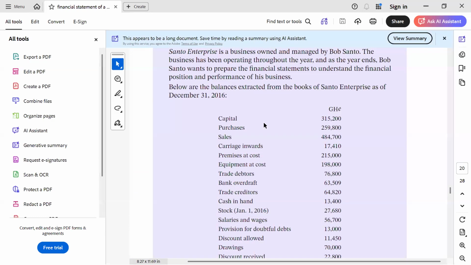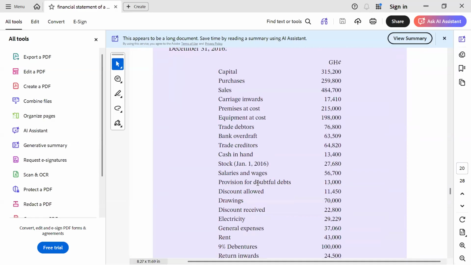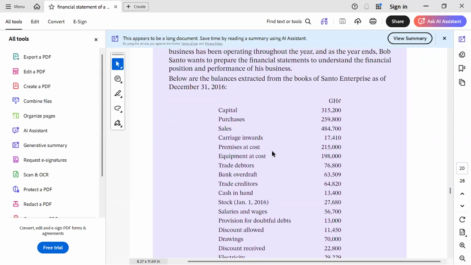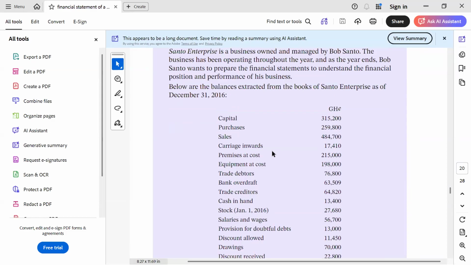You see, these account balances were not put in a trial balance, but it was given to us. And so one of the things you have to know is bear in mind the type of accounts and their balances. So for instance, capital is a credit balance, purchases, debit balance, sales is a credit balance.